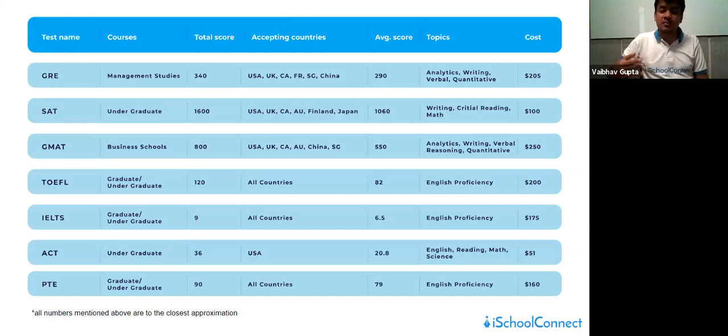One is English proficiency examinations, and the second is aptitude tests. If I talk about aptitude tests, there are three examinations which fall under them: GRE, SAT, GMAT. The top three rows which you are able to see fall under the aptitude tests.